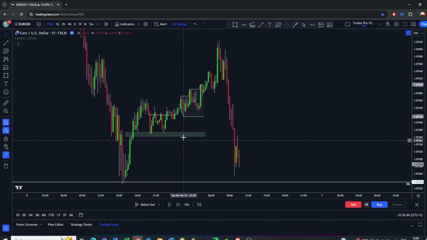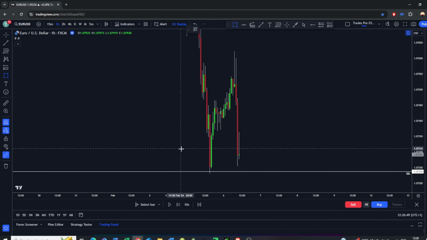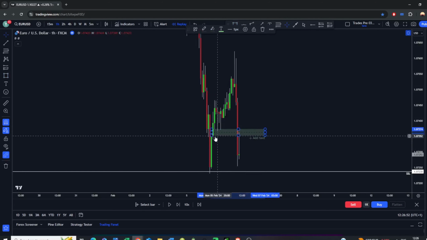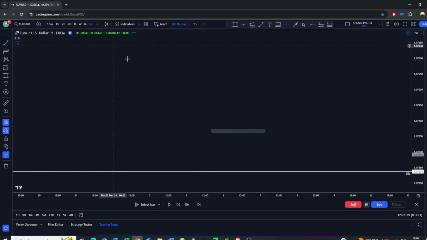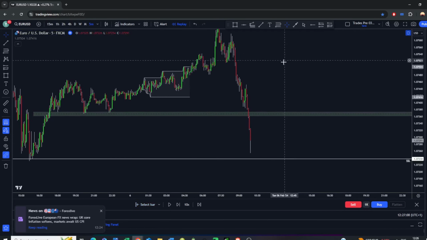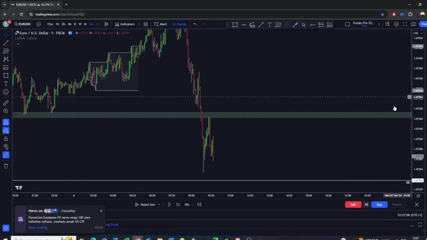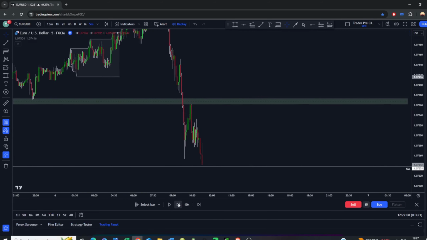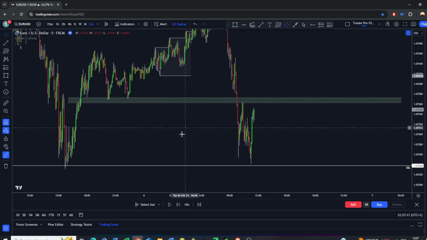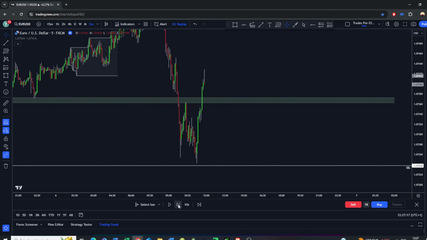Price pushes up, right? So next day we have this fair value gap that price can potentially come down into, which on the lower time frame, let's have a look. It doesn't really hold, it doesn't really provide any entries. And now that we're here, I would want to see this sell side liquidity taken out.